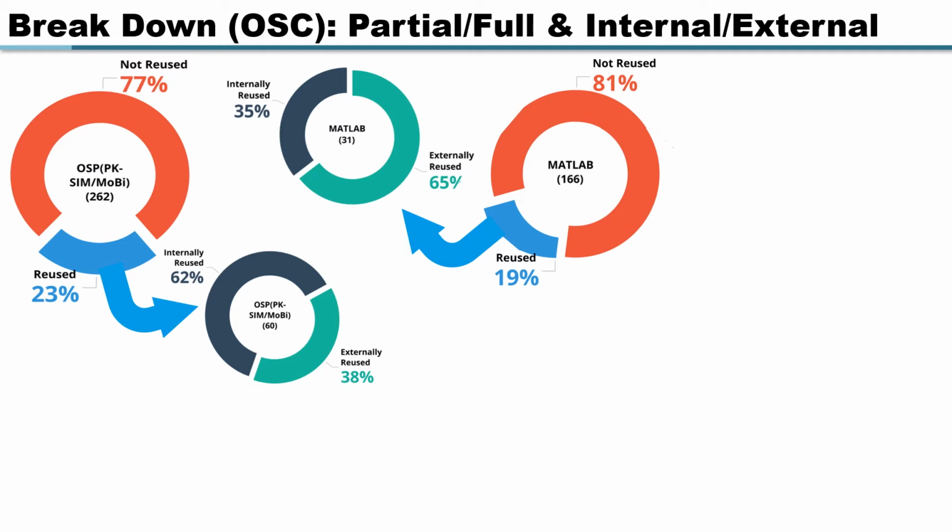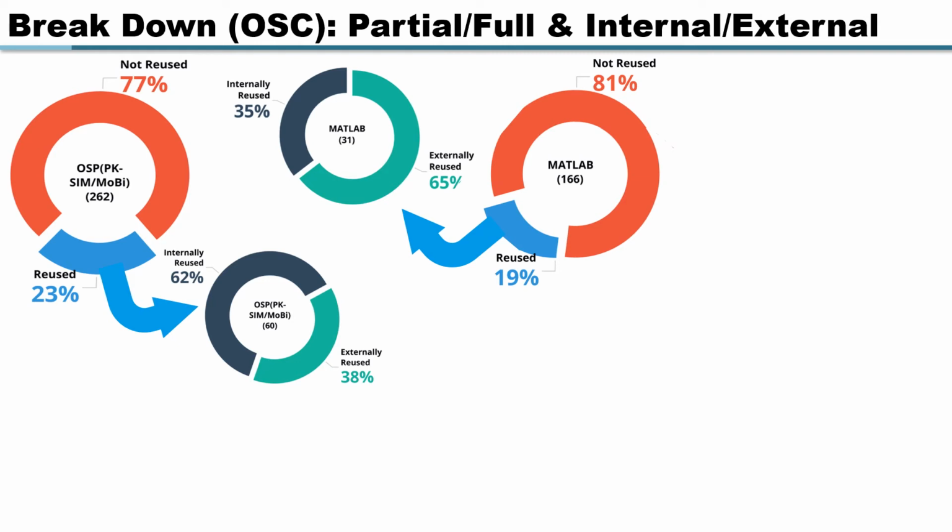In contrast, the most popular open source code platforms used for PBPK are not showing signs of high reusability, with 19% and 25% in each of those two cases shown in these graphs.